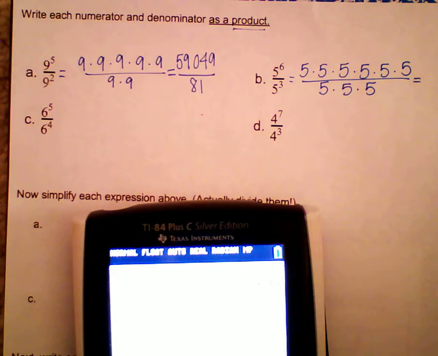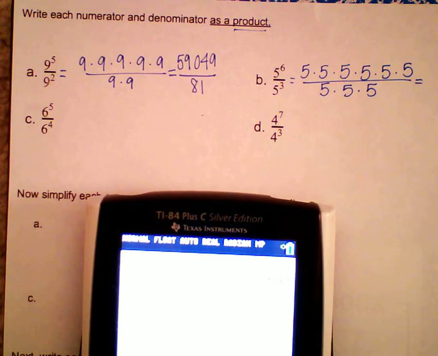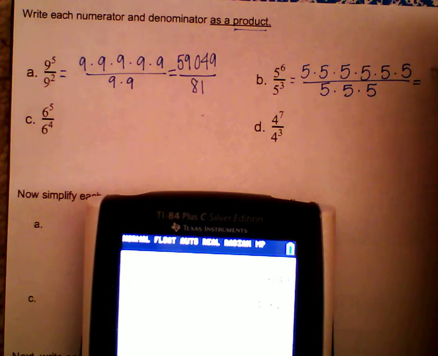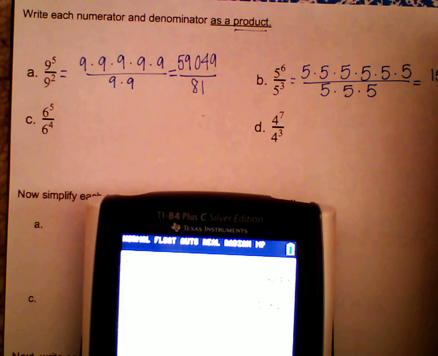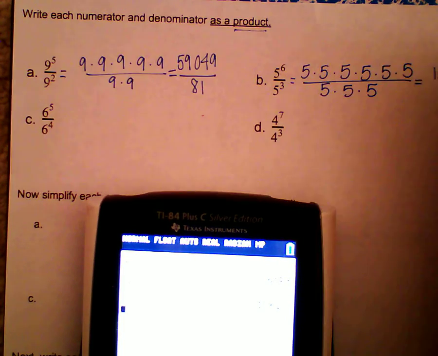Alright, so I have 5 to the 6th. And 5 cubed, which is 125.